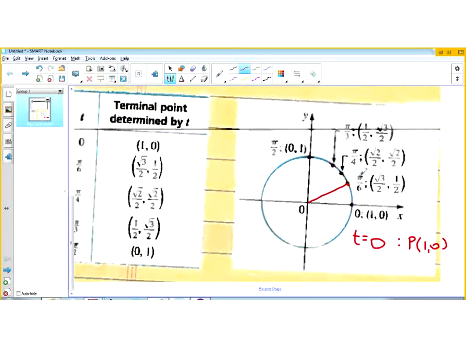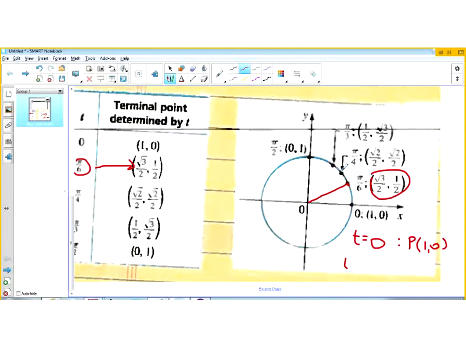So the coordinates of pi over 6 are here. When t equals pi over 6, the coordinates of that terminal point are the square root of 3 over 2 and 1/2. And I'll show you how to calculate that.